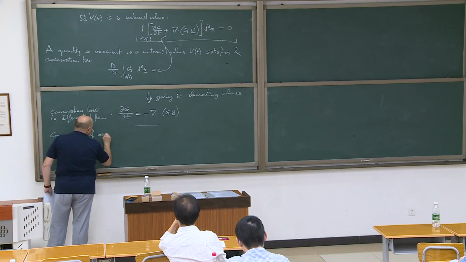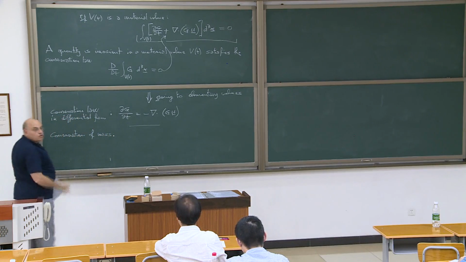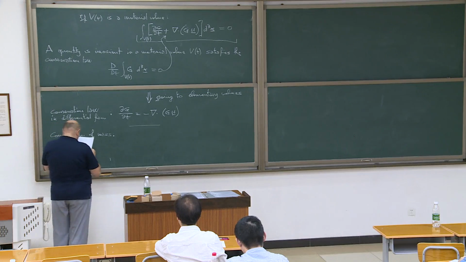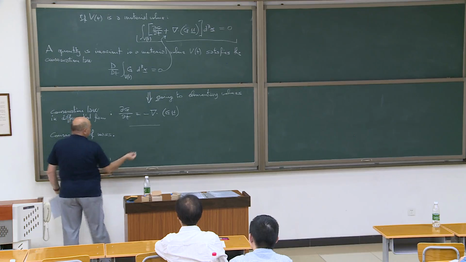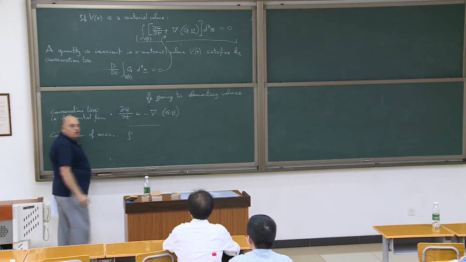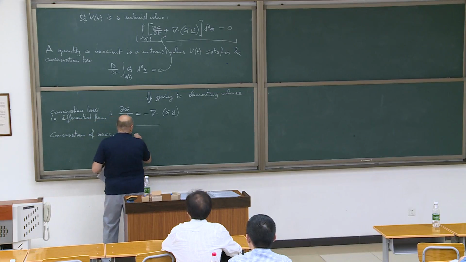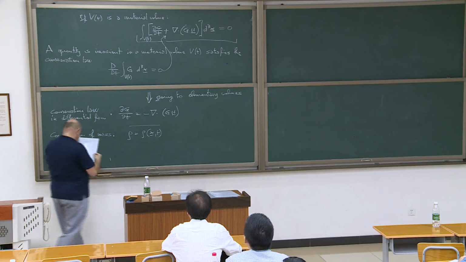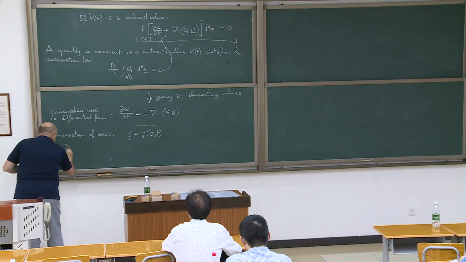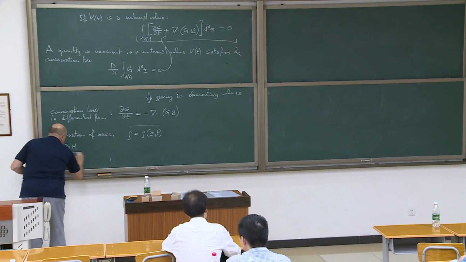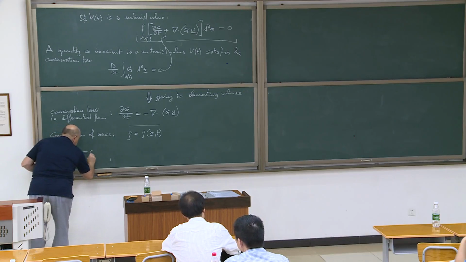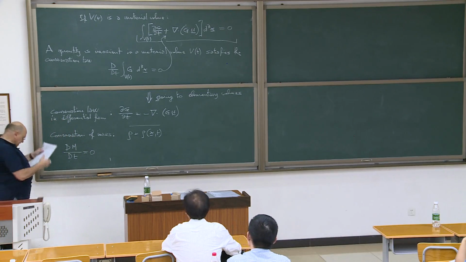It is the very first equation we use, if you like, in fluid mechanics or in physics. So we introduce a mass density, rho. This is a mass per unit volume. Of course, this rho, in general, is a function of x and t.